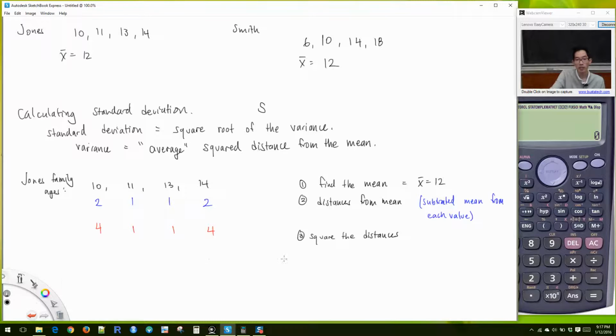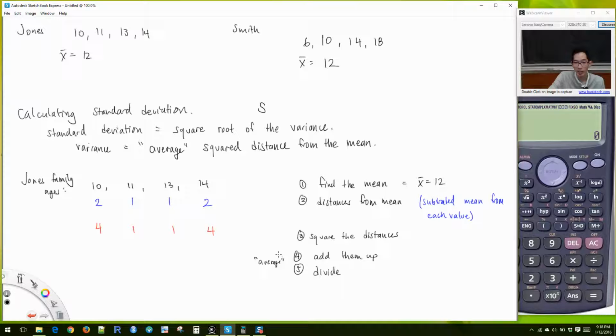Okay, and then steps 4 and 5 would be: find the average, right? Quote, average these square distances, which we do by adding them up, and then normally to get the average you would add them up and divide by how many you have, right? You would divide by n.